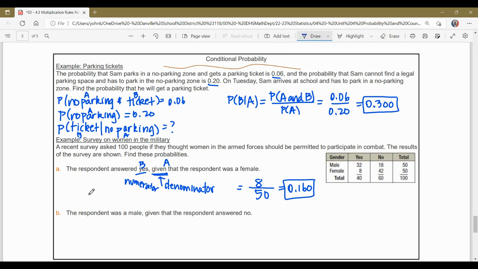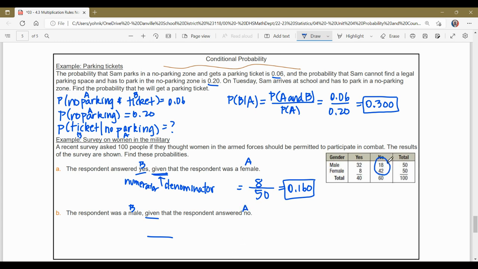All right, part B, the respondent was a male, given that the respondent answered no. So your given goes on the bottom of the fraction. That's your A. And then being male is your B. So all my no's would go on the bottom.